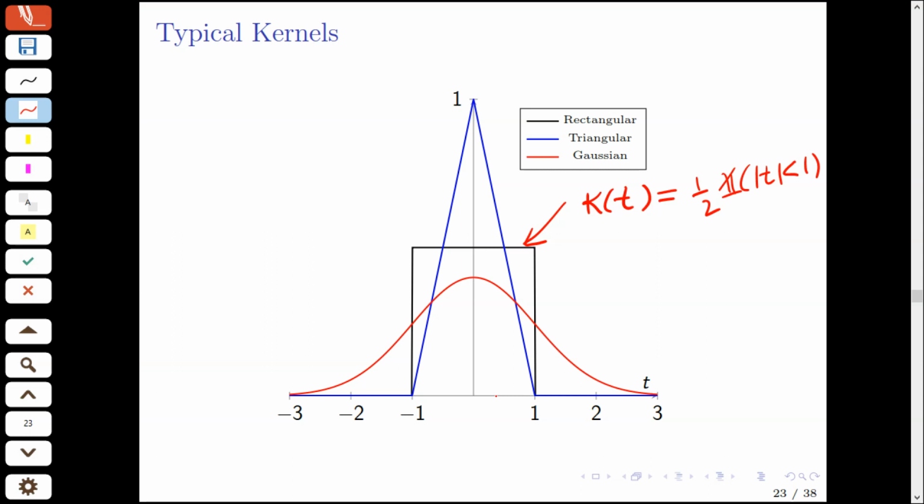An alternative kernel or weight function is the triangular weighting function, which attaches a linearly declining weight to the observations within our window of opportunity.